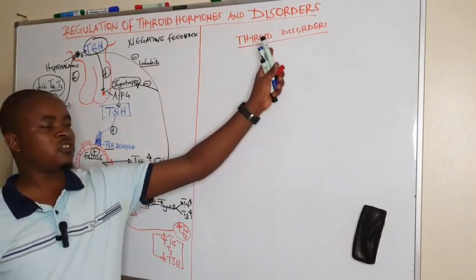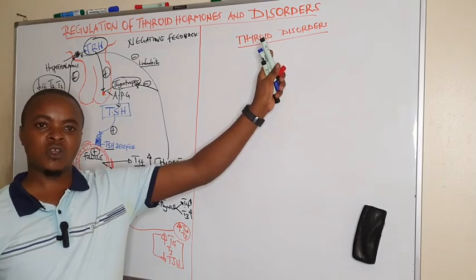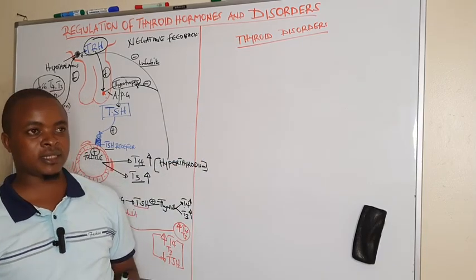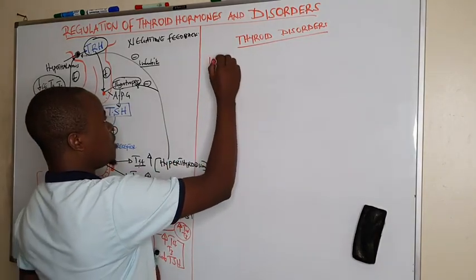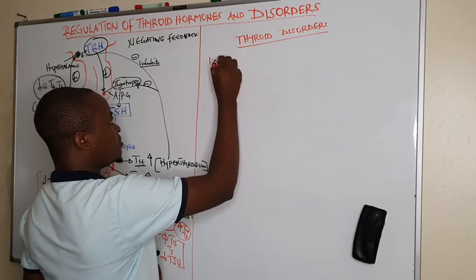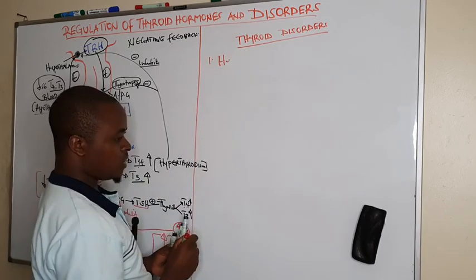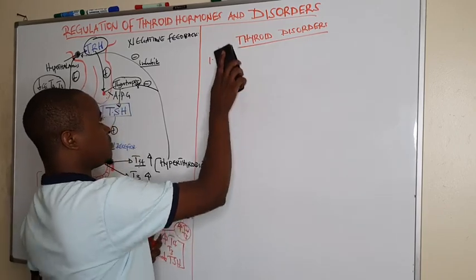So in this session, we're going to look at thyroid disorders or thyroid diseases. And one of them is what we call hyperthyroidism. But before we begin that one, we can begin with goiter.